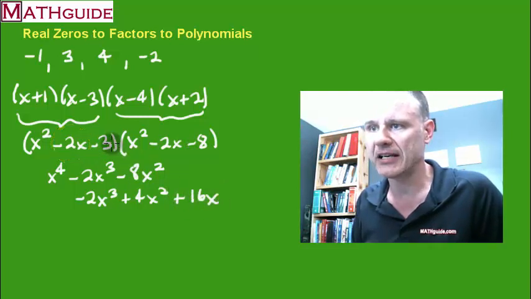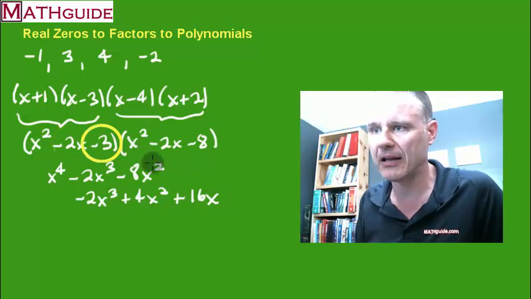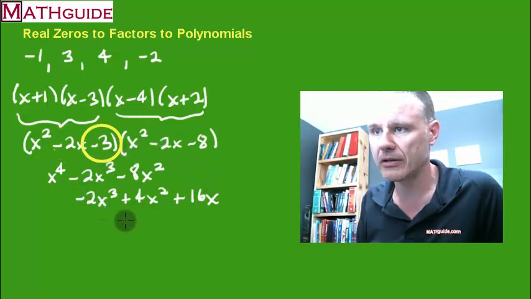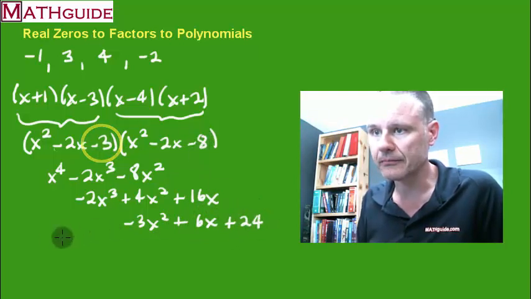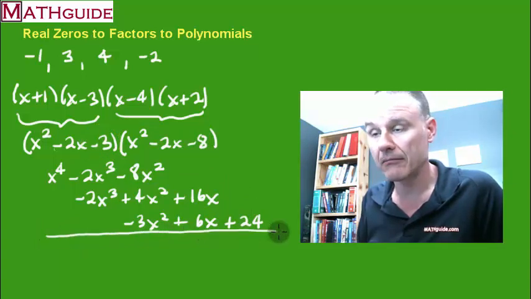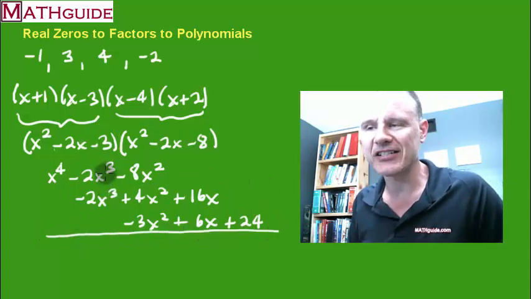Now I'm going to take negative 3 and multiply it by that last trinomial. Negative 3 times x squared, negative 3x squared. Negative 3 times negative 2x is a positive 6x. And negative 3 times negative 8 is a positive 24. Now I'm going to add all these like terms together.